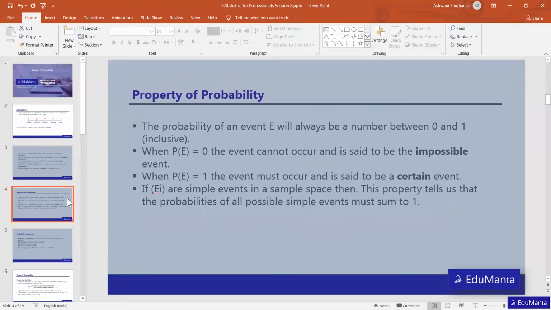Okay, so let's move to properties of probability. Your voice is not clear.